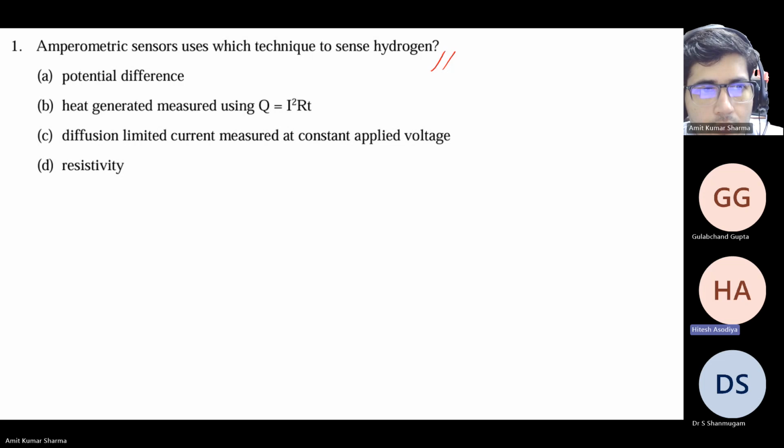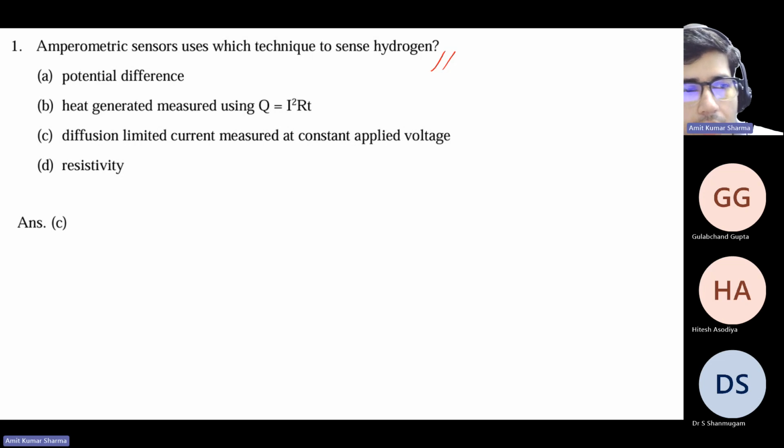So diffusion limited current measured at constant applied voltage, option C. Okay, we have an answer, option C. Yes, your answer is correct. The correct answer is option C. So in an amperometric sensor, the technique used is the diffusion limited current measured at constant applied voltage.